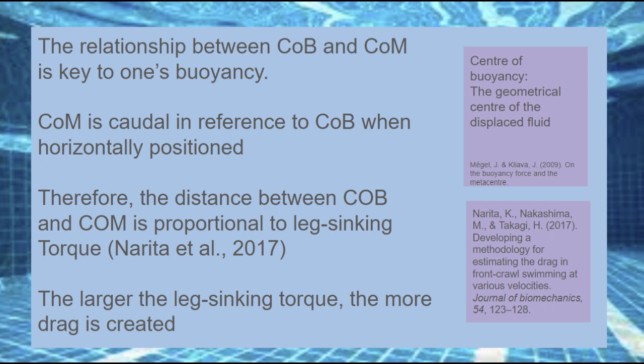Therefore, the distance between center of buoyancy and center of mass is proportional to leg sinking torque. By following this logic, the larger the distance between center of buoyancy and center of mass, the larger the leg sinking torque is, and as previously stated, the more drag is created. Therefore, the exercises selected aim to minimize the distance between center of buoyancy and center of mass.